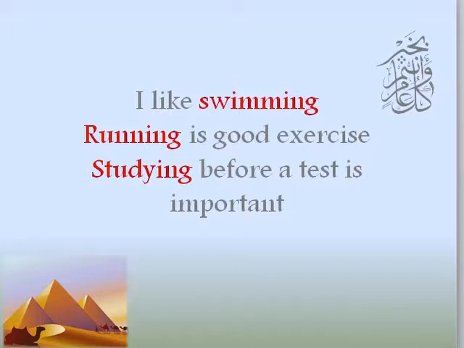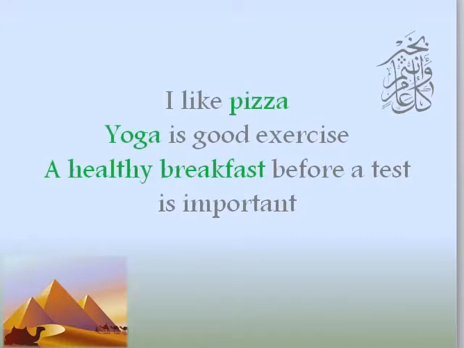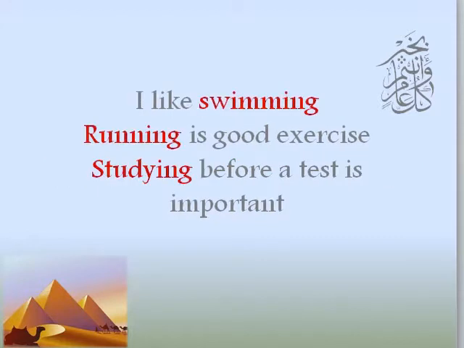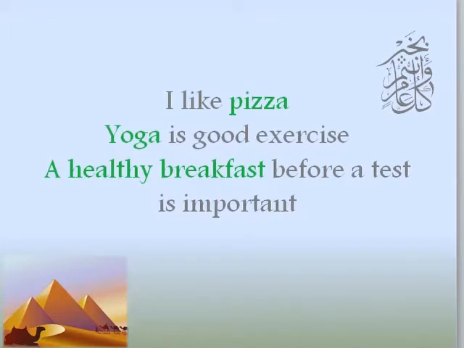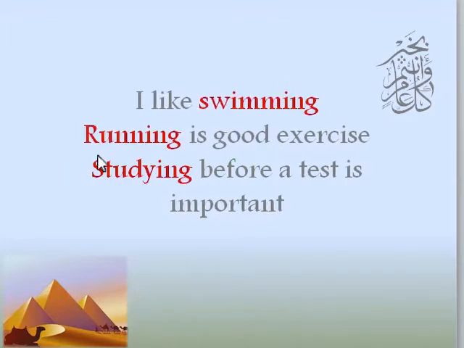We have the words swimming, running, studying. Now, just ask yourself, are these nouns? The way to ask is, can they be replaced with other nouns? I like swimming. Well, here's one easy way to tell. All of these could be replaced by other nouns. So these are nouns.